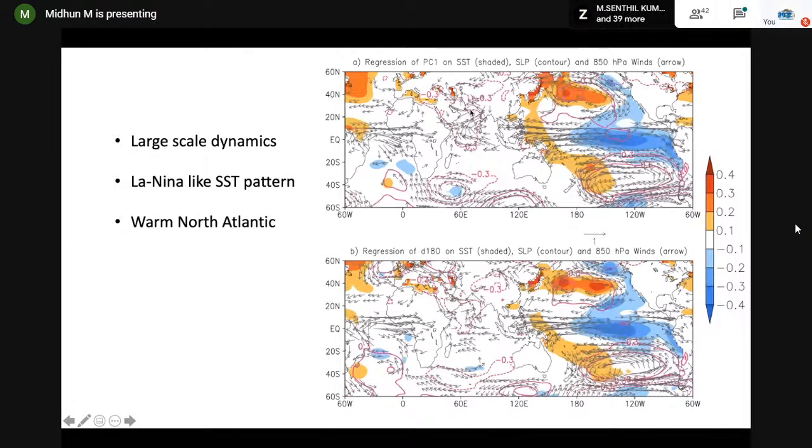So delta 18O records from this region, I hope they will also capture this signature, because I published a paper two years back where I found that whenever you have a component from the Bay of Bengal, a circulation in this direction towards Ahmedabad or the northwestern region, you get more depletion in rainfall isotope. So delta 18O based proxy from the northwestern region would be useful to study this kind of mode.